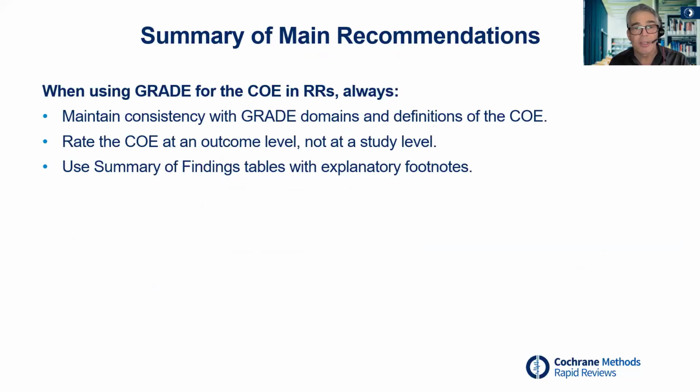So in summary, when using GRADE for the certainty of evidence in rapid reviews, always maintain consistency with GRADE domains and definitions of certainty of evidence. Rate the certainty of evidence at an outcome level, not at a study level, and use summary of findings tables with explanatory footnotes.